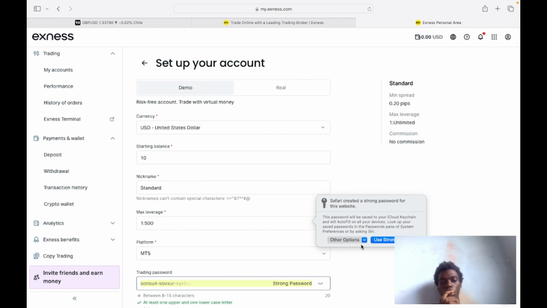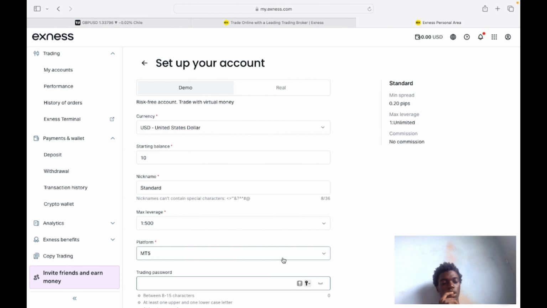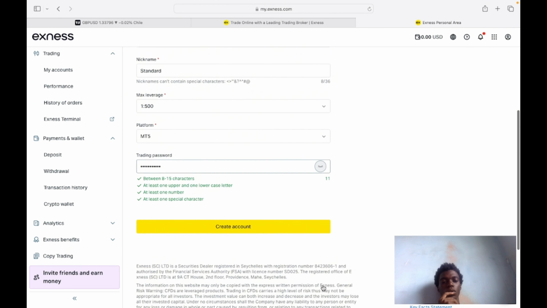For the password, I'll choose my own password.